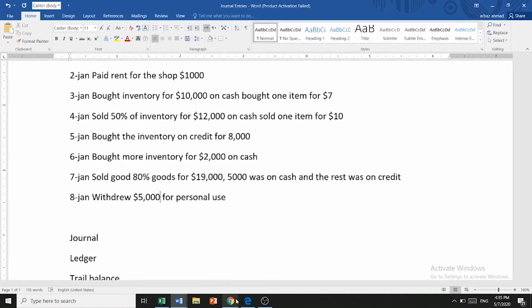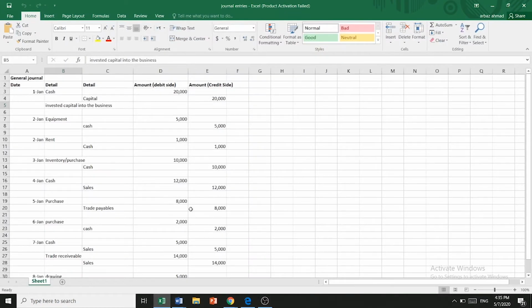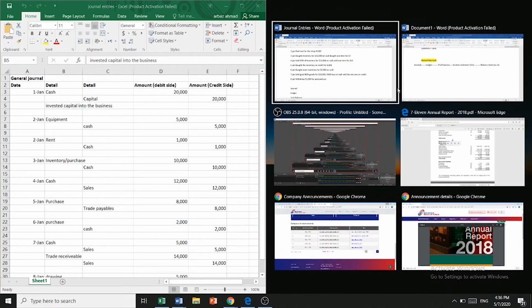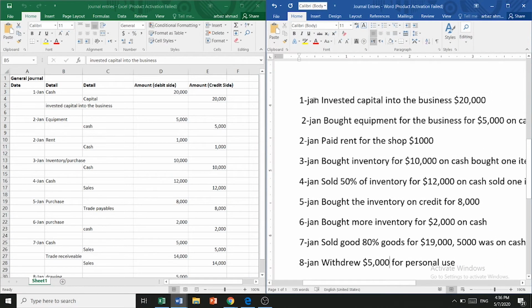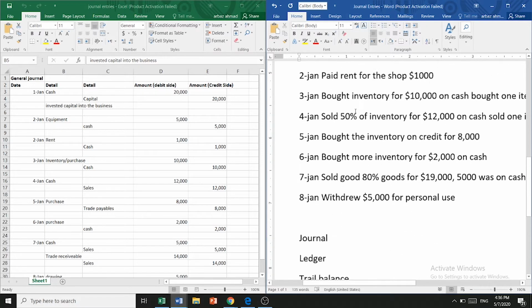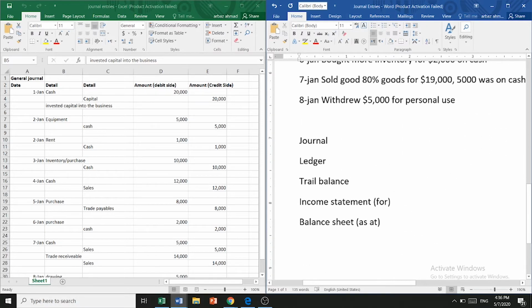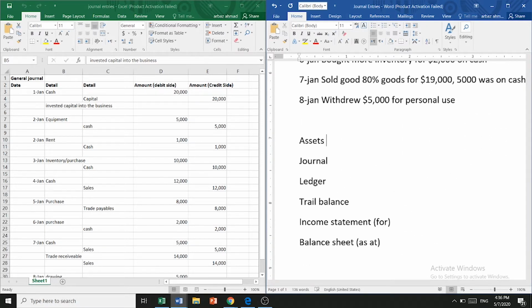Okay, so moving on to journal entries, this is how we are going to post it. Let's look at this example. 1st January, invested the capital into the business. I have always mentioned that assets are going to be debit.